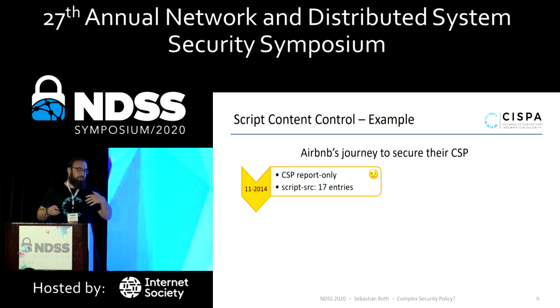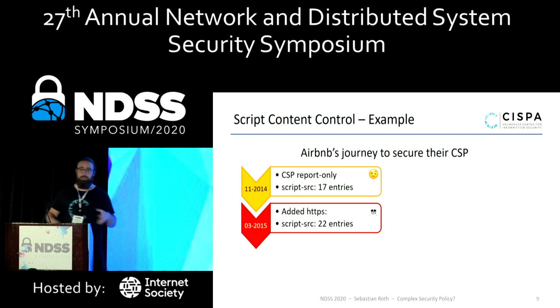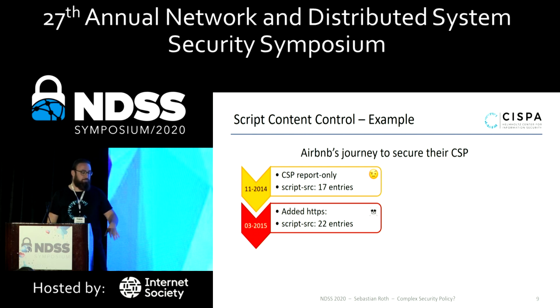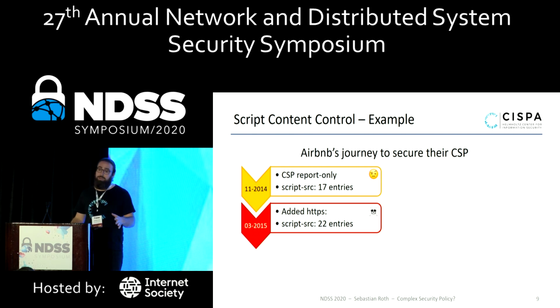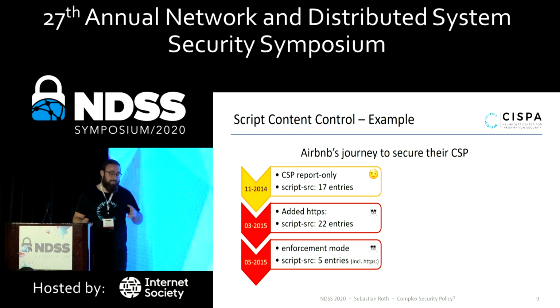And then in March 2015, they added the whole HTTPS schema to their whitelist, so they allow every HTTPS resource to be loaded. Then in May 2015, they changed their policy from report-only to enforcement mode, while the HTTPS schema is still one of the whitelisted sources.